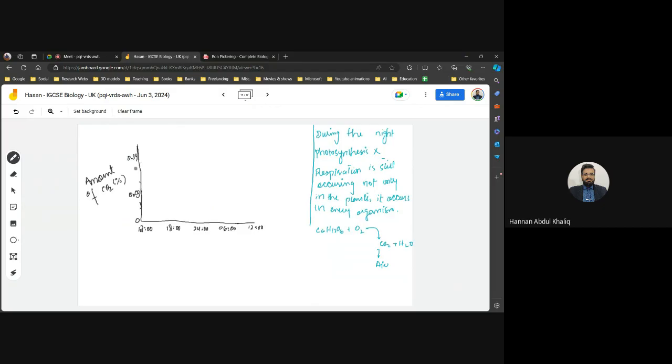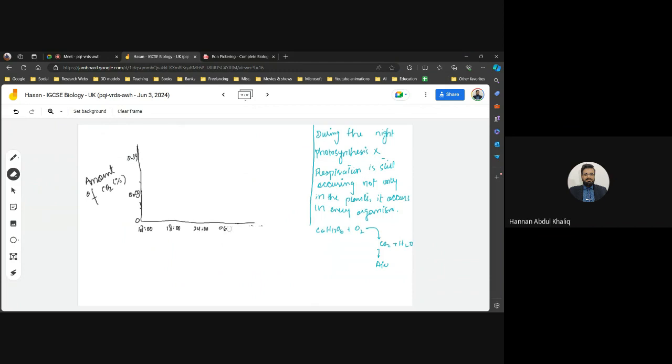During the day, the amount of carbon dioxide would be lowest. Why would it be lowest? Because during the day, your rate of photosynthesis is highest.